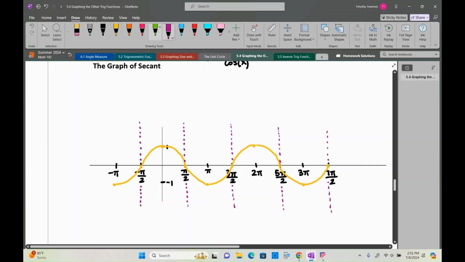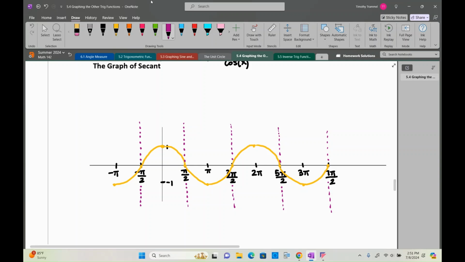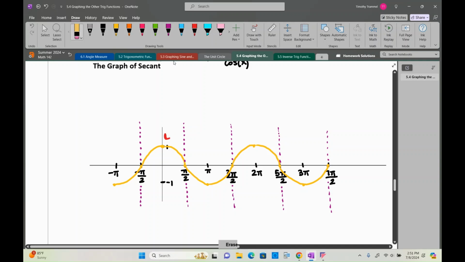Okay, so we got all those filled in. Now there are some easy points that we can add in here. So one easy point that we could add in would be at the 1s and minus 1s. So secant should just be 1 over these values that we're looking at. So if you do 1 divided by 1, you actually just get 1. 1 divided by -1, well, you get -1.